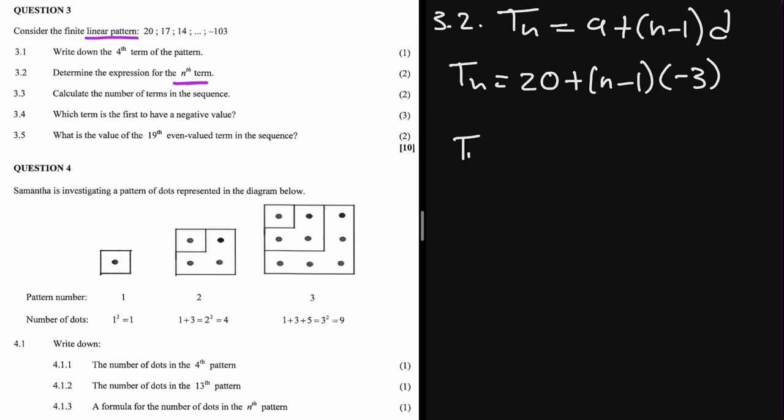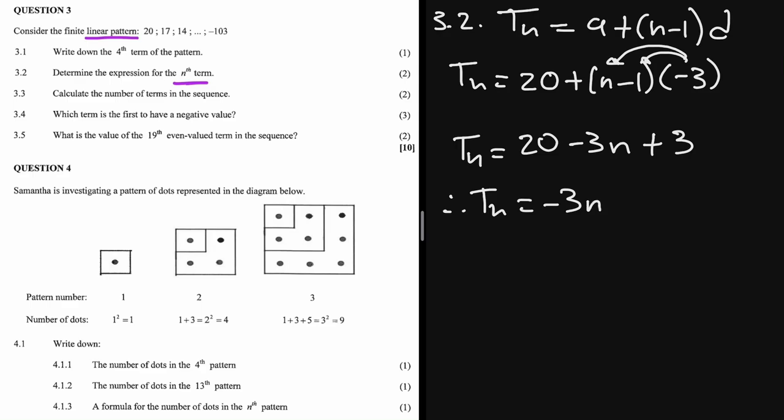So Tn = 20 + (-3)(n - 1). The -3 will multiply with n, and it will also multiply with -1. So -3 by n is -3n, and -3 by -1 is +3. Therefore, our nth term is -3n, and then 20 plus 3 gives us 23. So the answer for 3.2, the nth term, is Tn = -3n + 23.